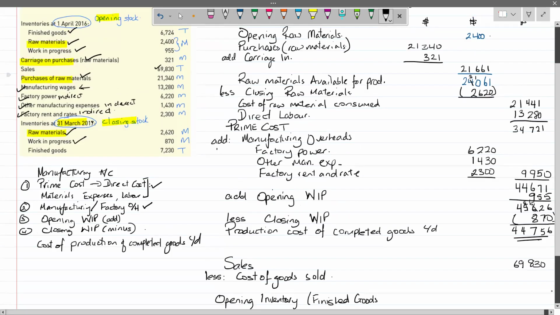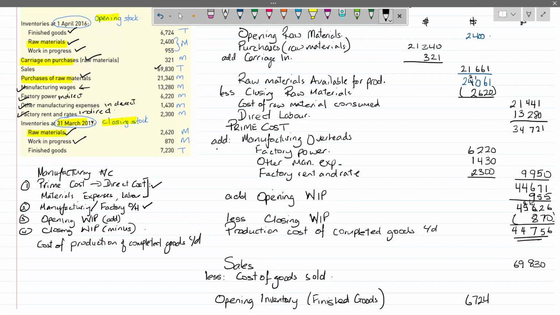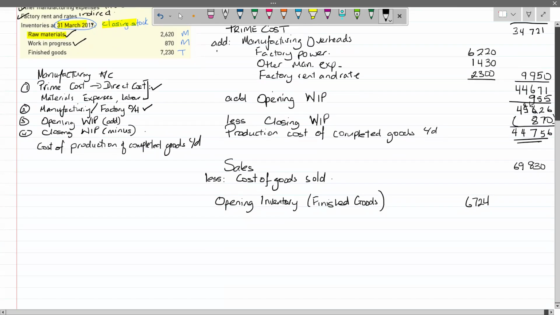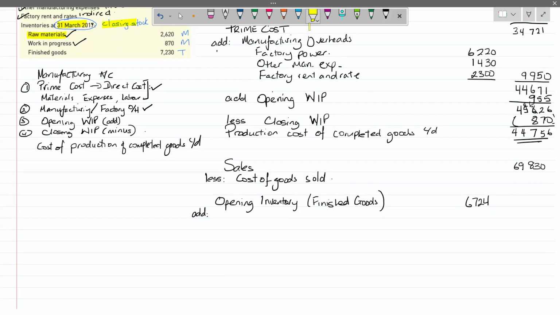We use this figure now, 6,724. To this, we usually add purchases, but we're going to add production cost of completed goods, because this is our manufacturing account. So we have to do the manufacturing account first, otherwise you can't complete this one.